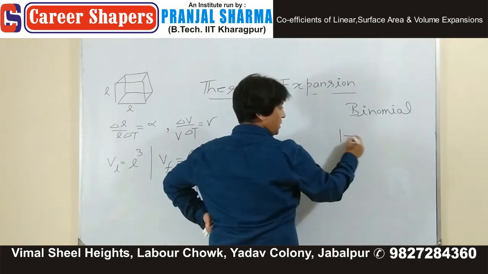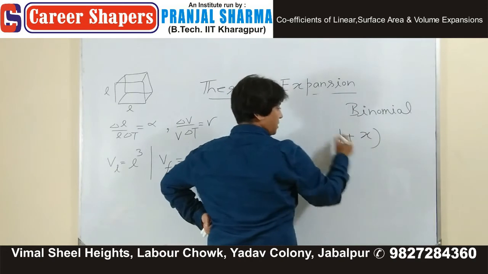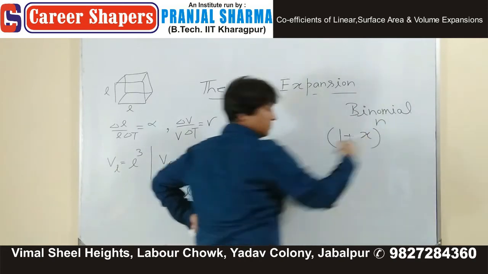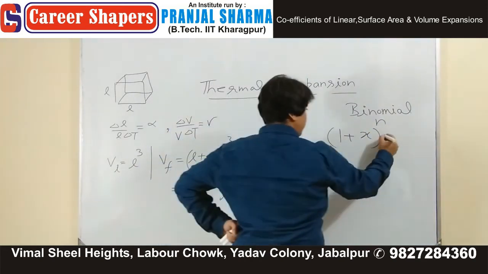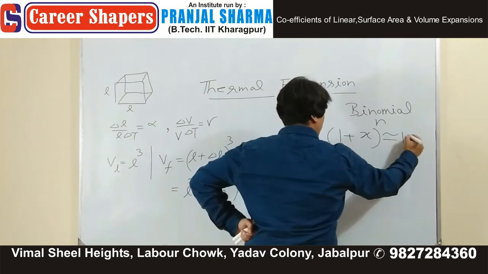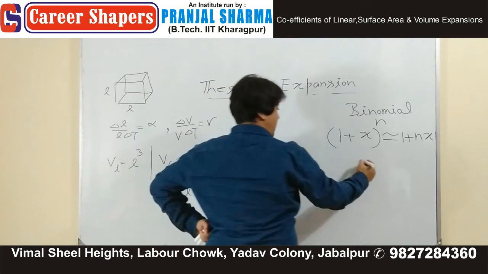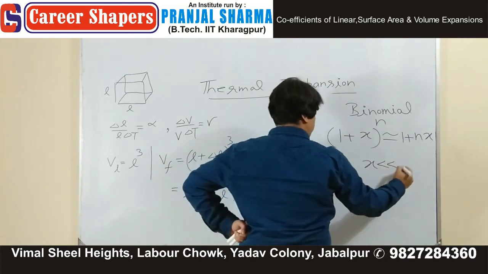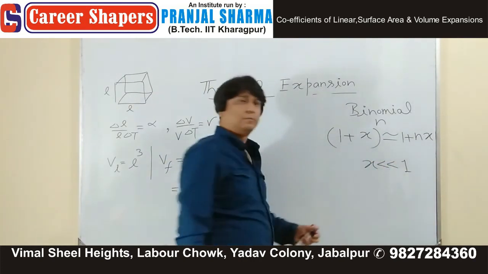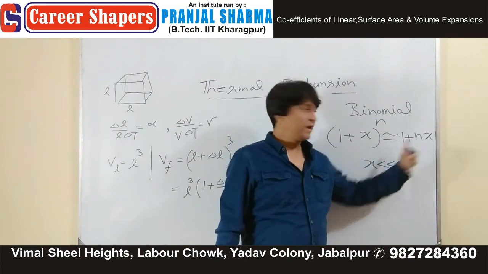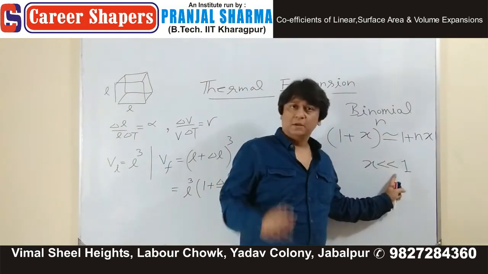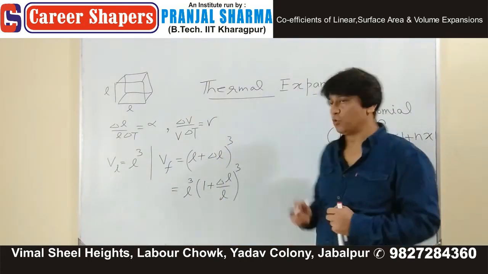So, once I write 1 plus delta L upon L whole cube, this is coming from binomial. If we have 1 plus x to the power n type of thing, then this can be approximated with 1 plus nx, provided x is much smaller than 1. Not always, only if this term is small as compared to 1.